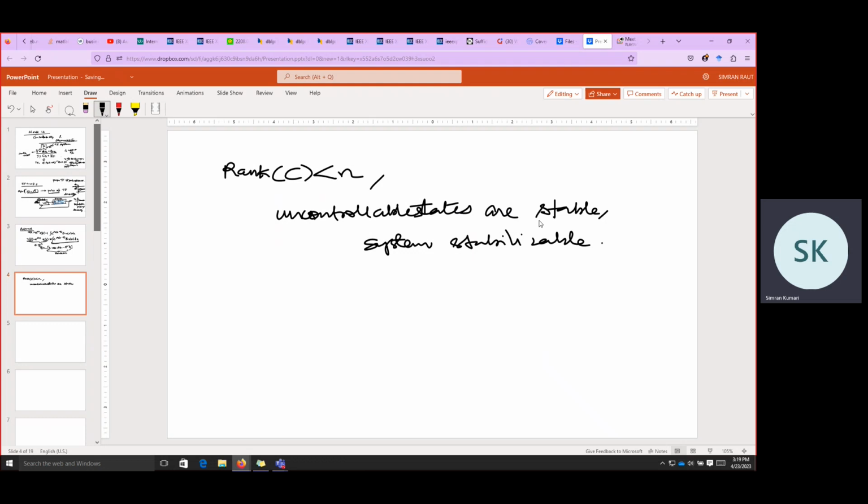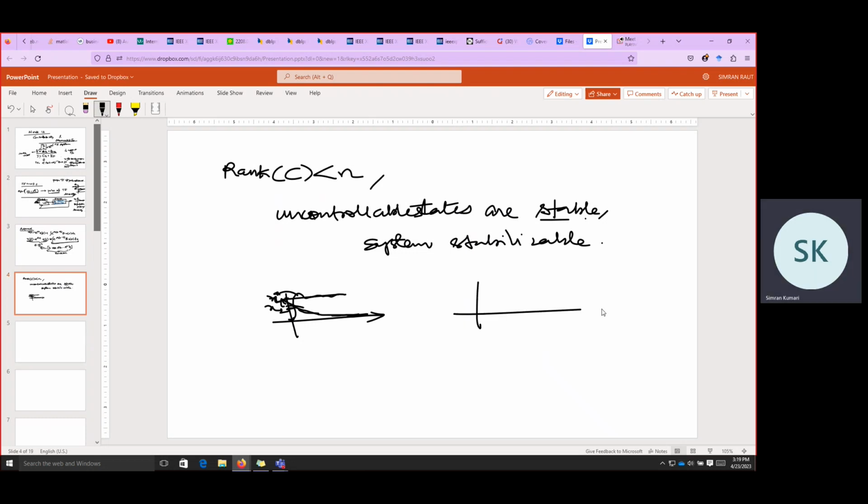But if the uncontrollable poles are not stable, that means given any initial state, even if we control the states, suppose we are trying to control x1 and we have changed one state to here, another state should decay like this, which is not controllable. So it should go to 0 if it is stable. This is x1, this is x2.